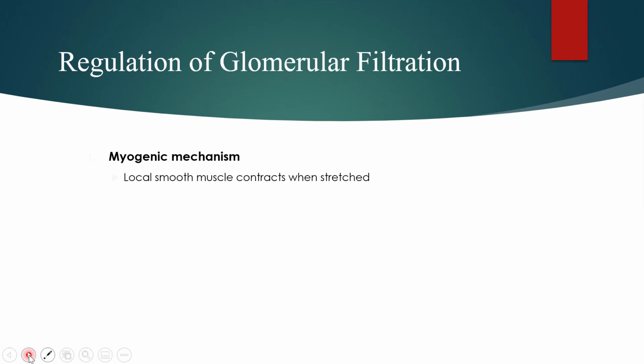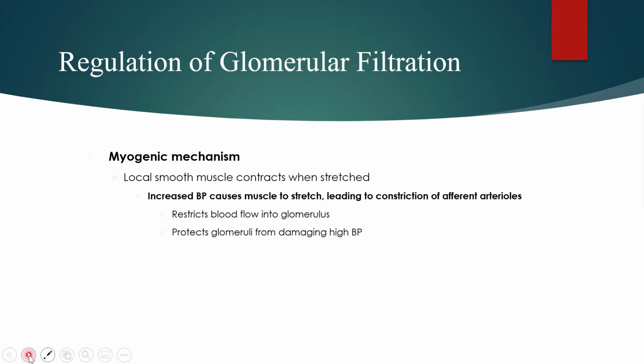Your myogenic mechanism is a process that involves local smooth muscle in the kidneys when it contracts, and whenever it's stretched. For instance, increased blood pressure would cause the muscles to stretch, meaning you have a lot of blood getting into your blood vessels.